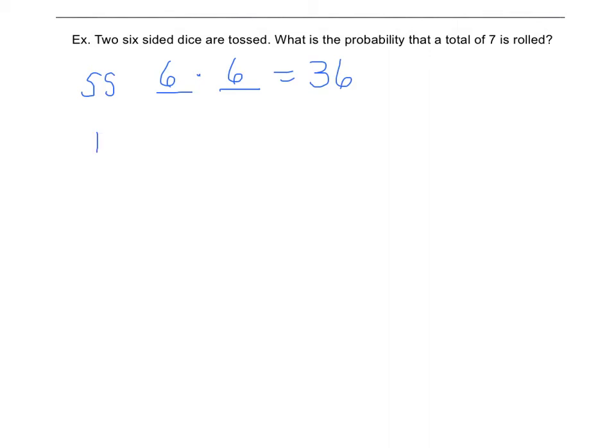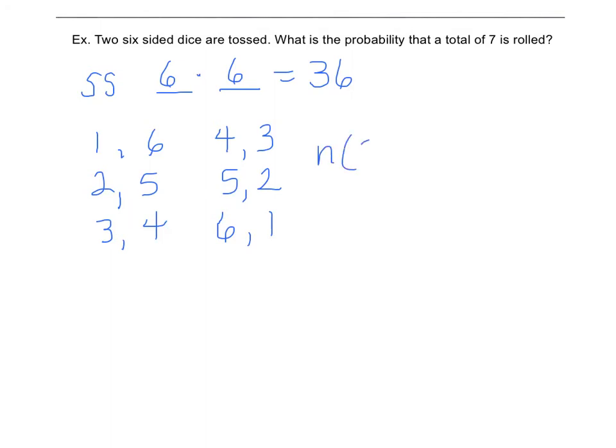So I say 1 and 6, 2 and 5, and 3 and 4 are the possibilities. But also, since there's 2 dice, then I could say 4 and 3, 5 and 2, and 6 and 1. So the number of the event is going to be 6.